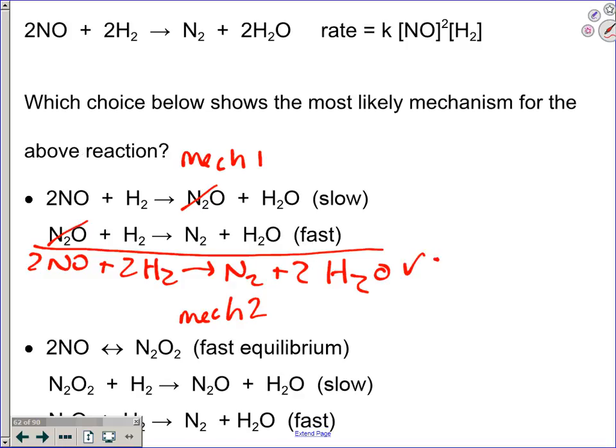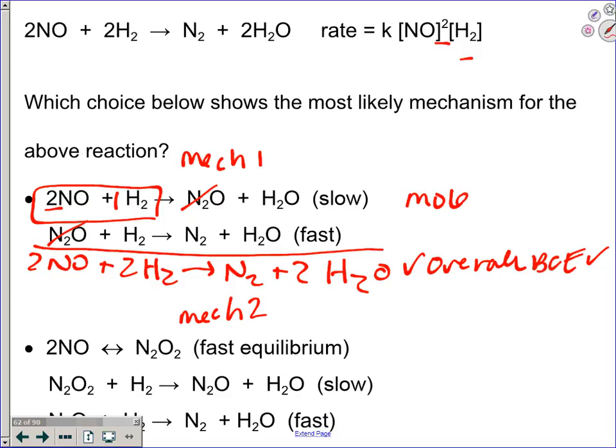So check, the overall has been met, okay? And then does the slow step, meaning the rate determining step, reactants molecularity match the rate law? Yes. Okay, so this is a viable mechanism because there's a 2 here, so that's second order. There's a 1 here, and that's first order. So the molecularity matches.